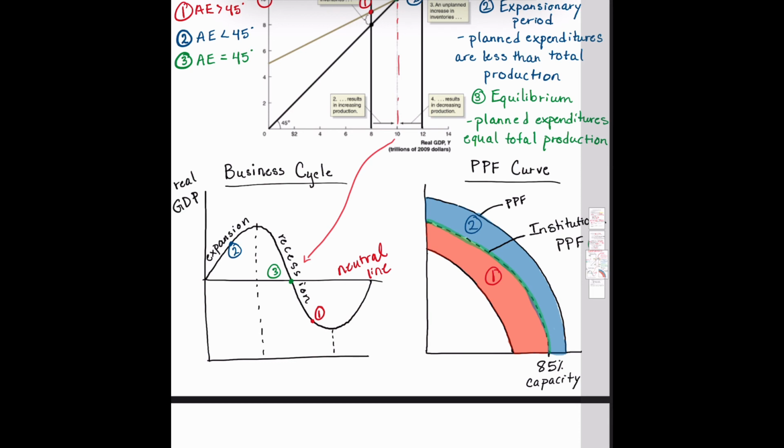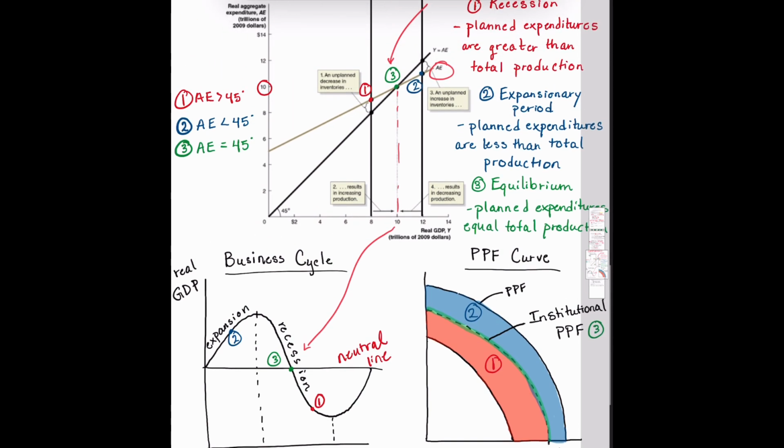If you are on your actual PPF curve, you're at the farthest most out expansionary period of production. And then anywhere less than the institutional PPF curve, that's when you are in a recessionary area. Planned expenditures are going to be greater than total production.